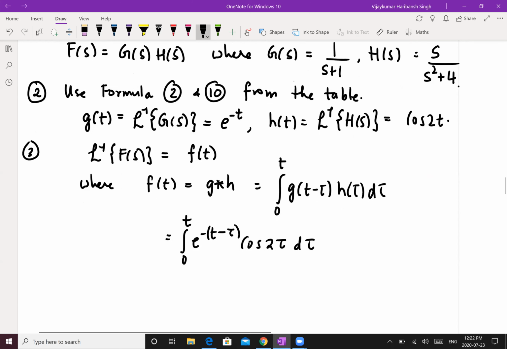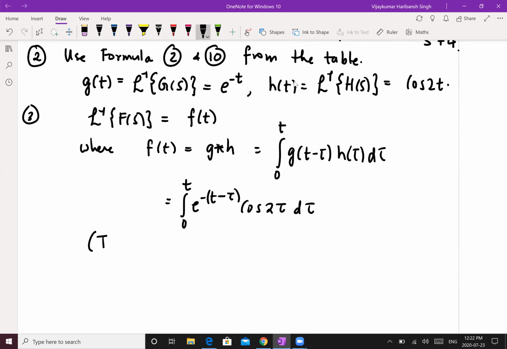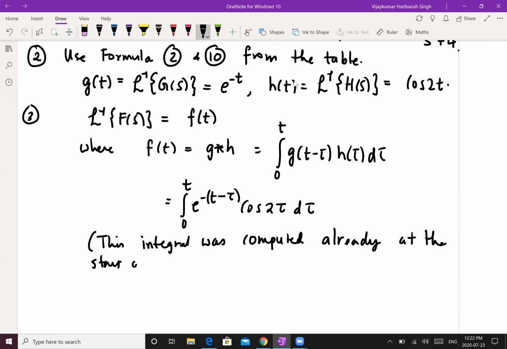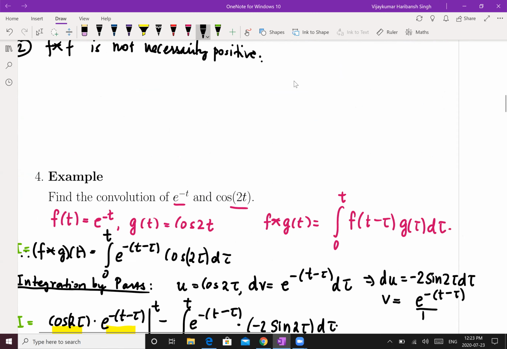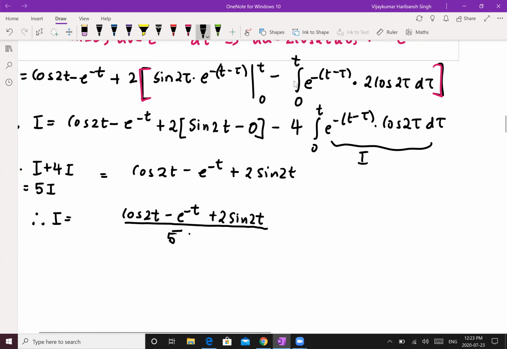And this convolution integral was already computed at the start of this lecture. If you go back, you can see that we computed already the convolution of e to the power minus t and cos of 2t, and we found it to be this.